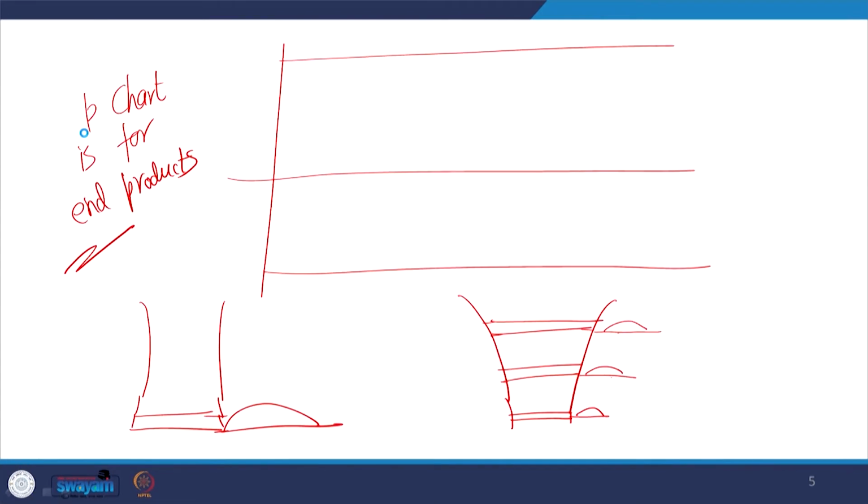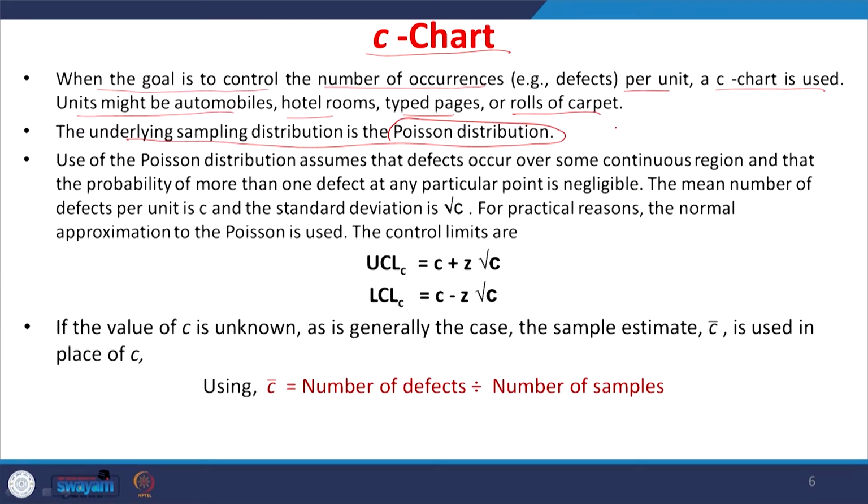In the C chart, it is the Poisson distribution which is the underlying distribution, so that you will also understand how it differentiates between binomial and Poisson distributions.